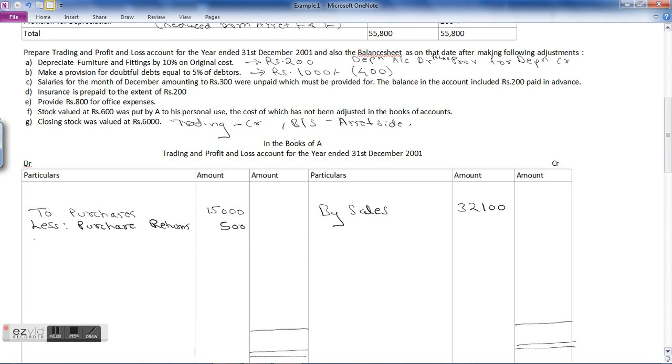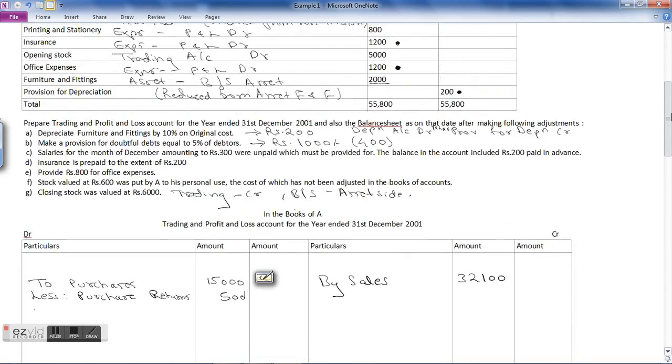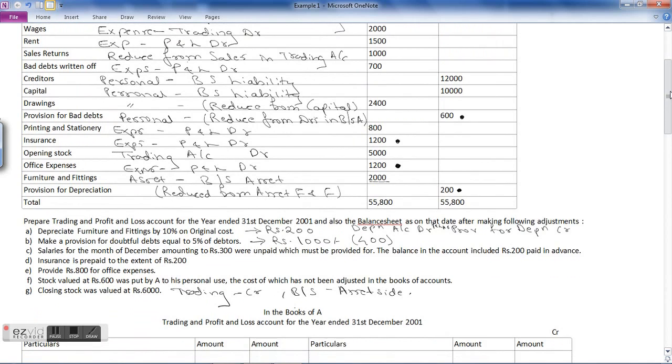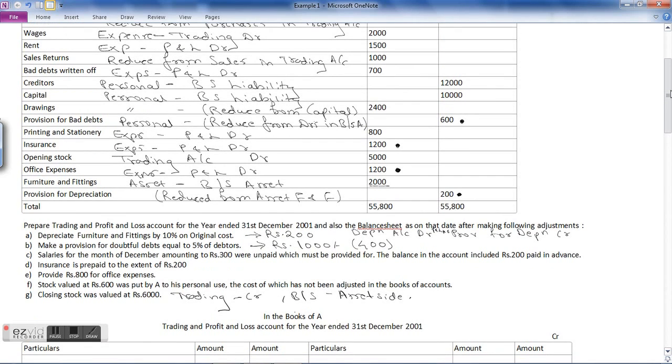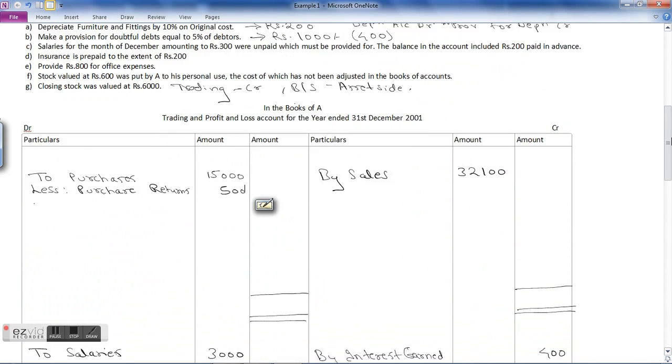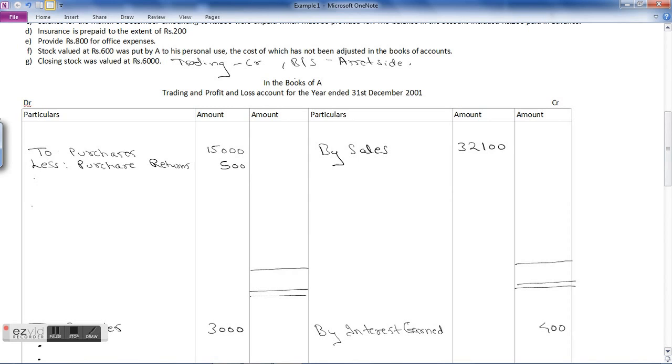Okay, then next is wages. Wages is a direct expense, so trading account debit side 2000. Now since there are no adjustments, we will put that amount in the outer column.